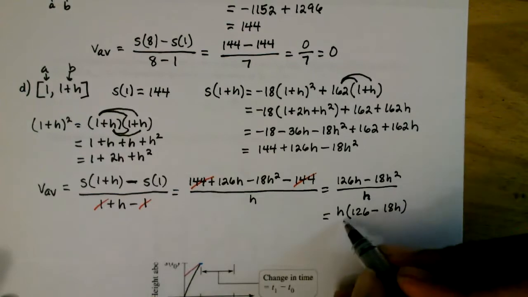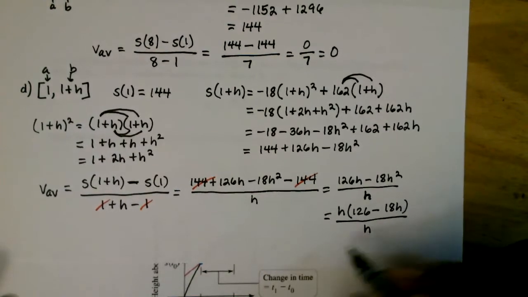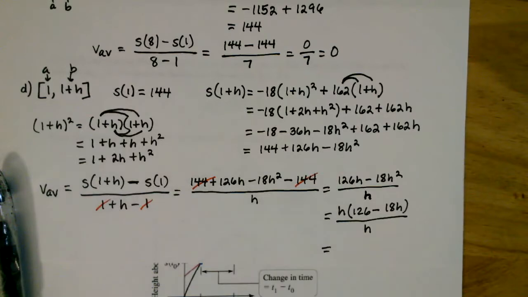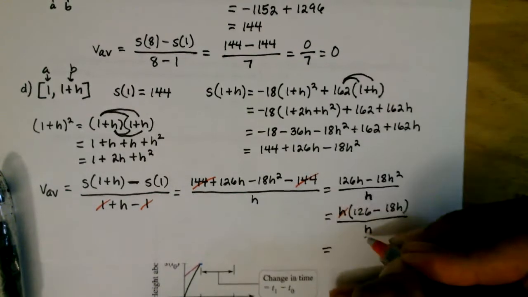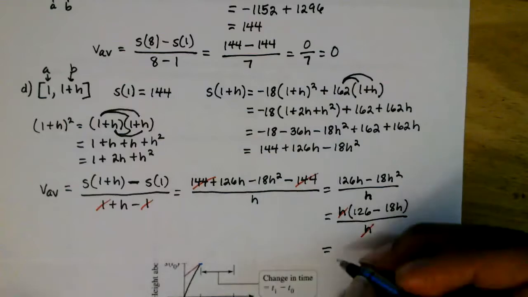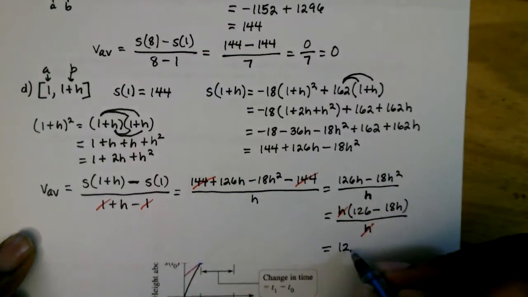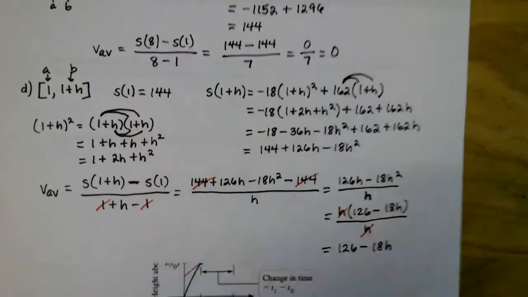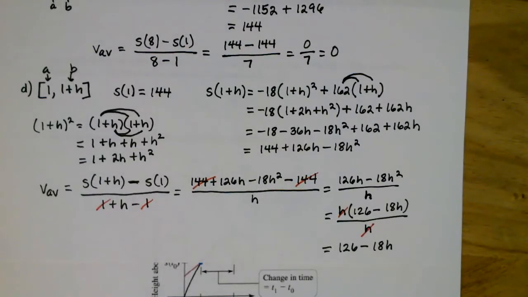And that's going to be divided by h. And notice I can divide out those h's. So the final average velocity will be 126 minus 18h. And that would be the final answer.